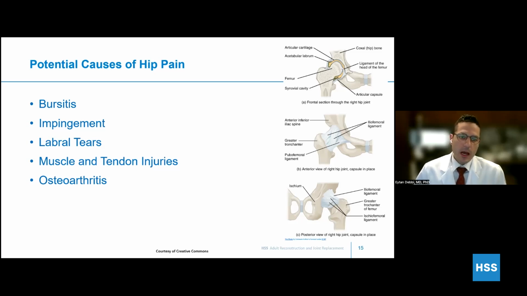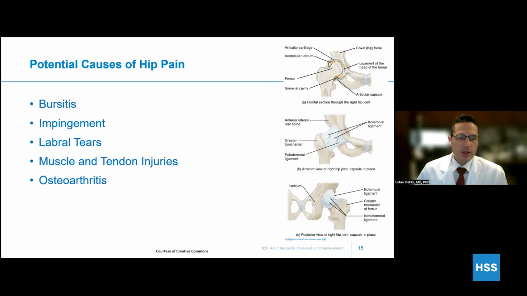All of this has to do with the anatomic structures that Danielle went through in such great detail, and each of them has its own separate treatment and management. So we'll talk about bursitis, impingement, labral tears, muscle and tendon injuries, and we'll end with osteoarthritis, which is really my specialty in terms of surgical management.